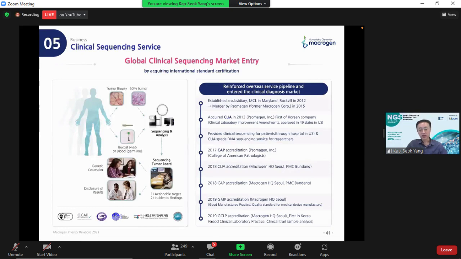We started out serving the research market, but we are very active in clinical sequencing service as well. For that, we have acquired a clinical laboratory in the United States and gotten CLIA and CAP accreditation in Cambridge, and we also got CLIA and CAP accreditation for HQ, and CLIA accreditation in Singapore.